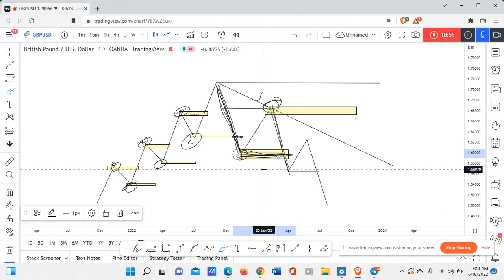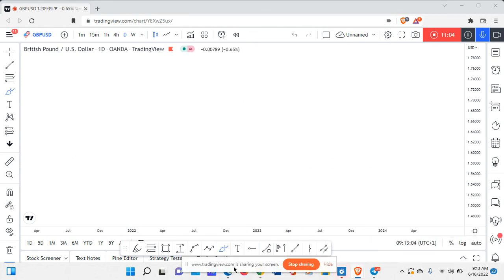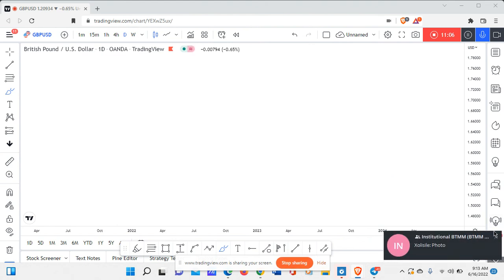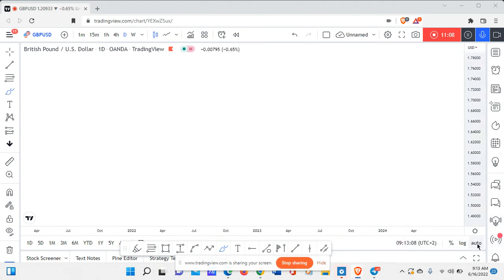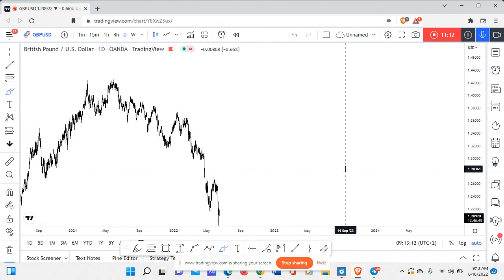So I think each and every one of us now has an idea of what is happening with regards to the market structure.